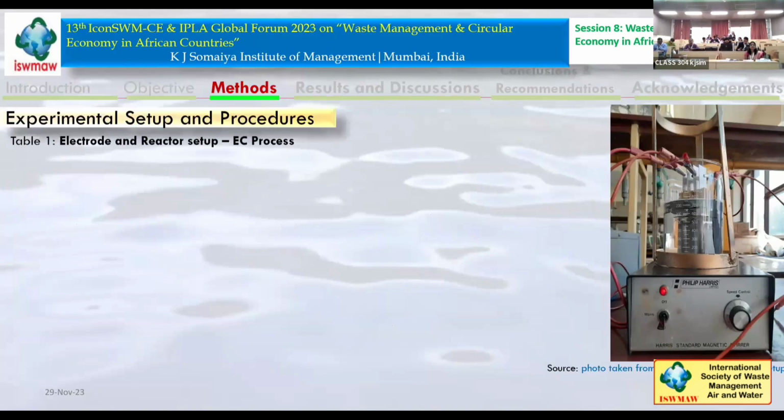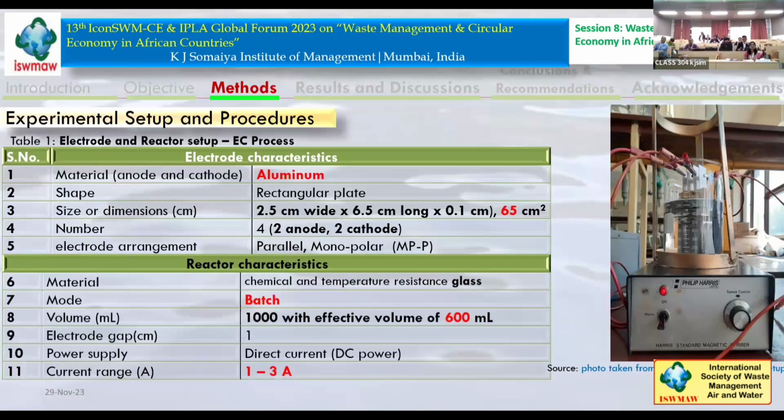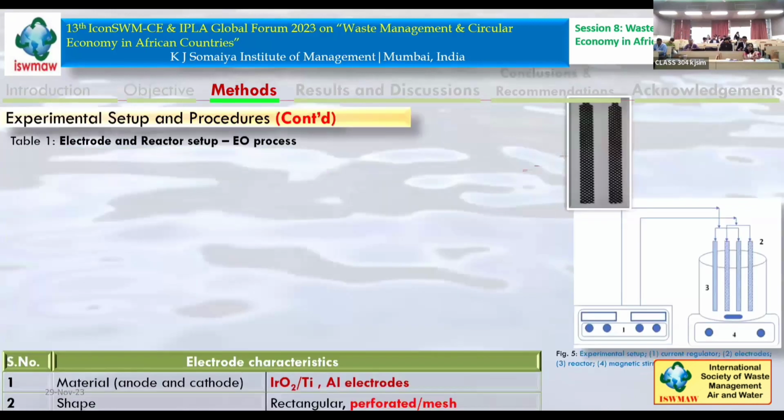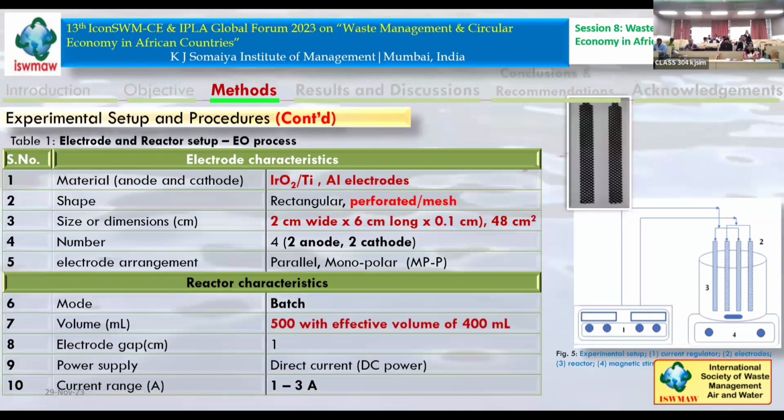One is for electrocoagulation, with an effective area of 65 square centimeters and an effective volume of 600 milliliters. For electrooxidation, we used a similar experimental setup, but with iridium oxide coated on titanium, which is perforated, as the anode and an aluminum electrode as the cathode.